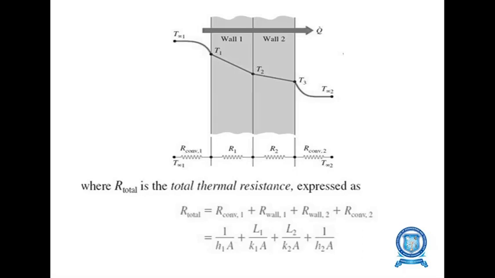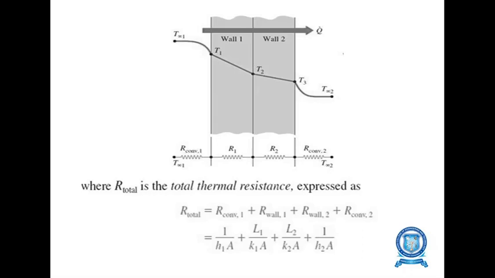In this diagram, there are two walls of different thermal conductivities. Therefore, we can assume it is a composite wall. Initially, the heat comes from a source, by means of fluids, so we consider it as convective heat transfer. In this case, there are two convection and two conduction heat transfers taking place.